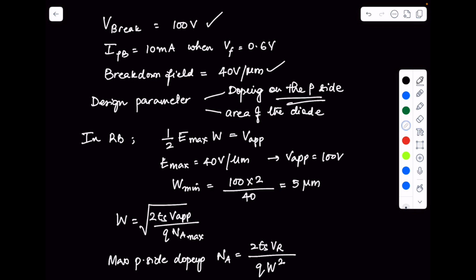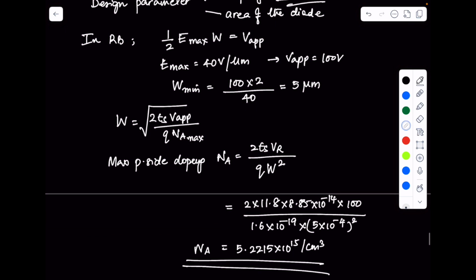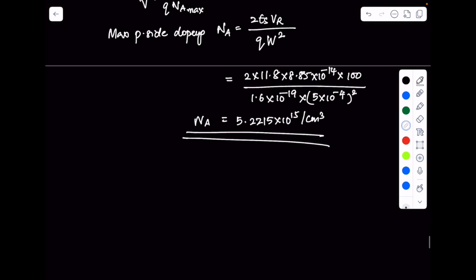So now the next thing we need to do is find the area of the diode. And how do we do that? From here, we can find out what the current density needs to be, and then using IS and VF and using the Shockley equation, we can find out the current. So first, let's figure out what the saturation current should be.